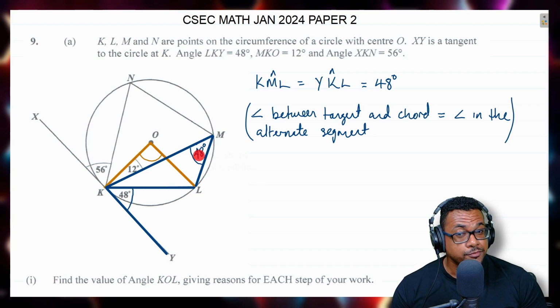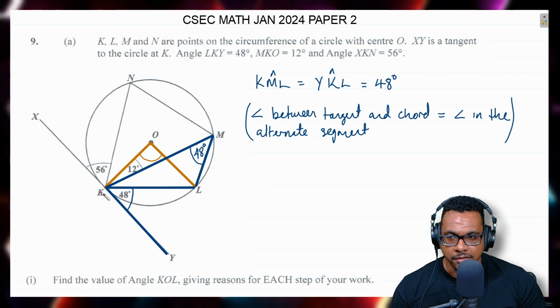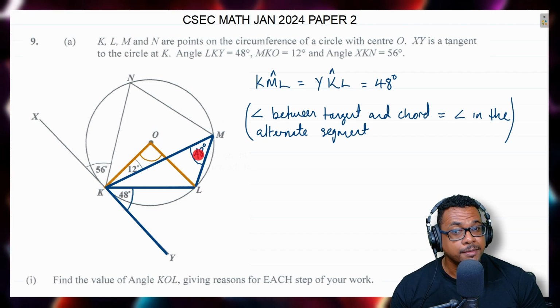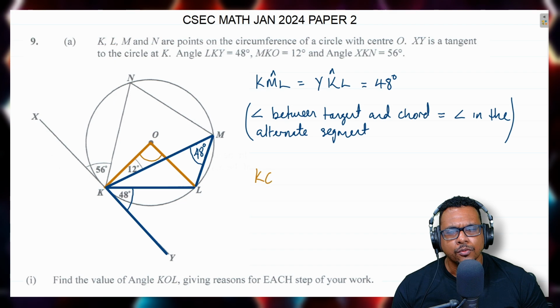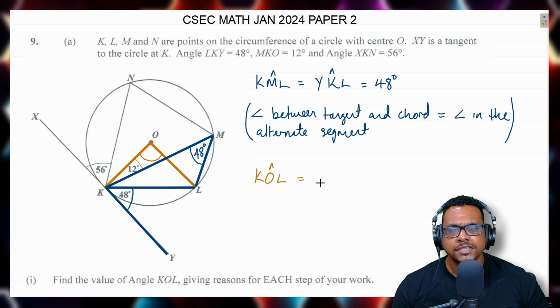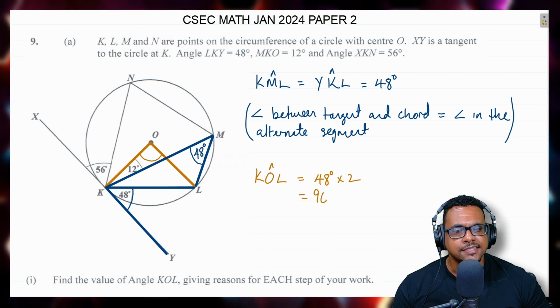And now that we know here is 48 degrees, we know this angle here must be twice that angle. So angle KOL will be 2 times 48, which will be 96. So angle KOL is equal to 48 degrees times 2, which is equal to 96 degrees.